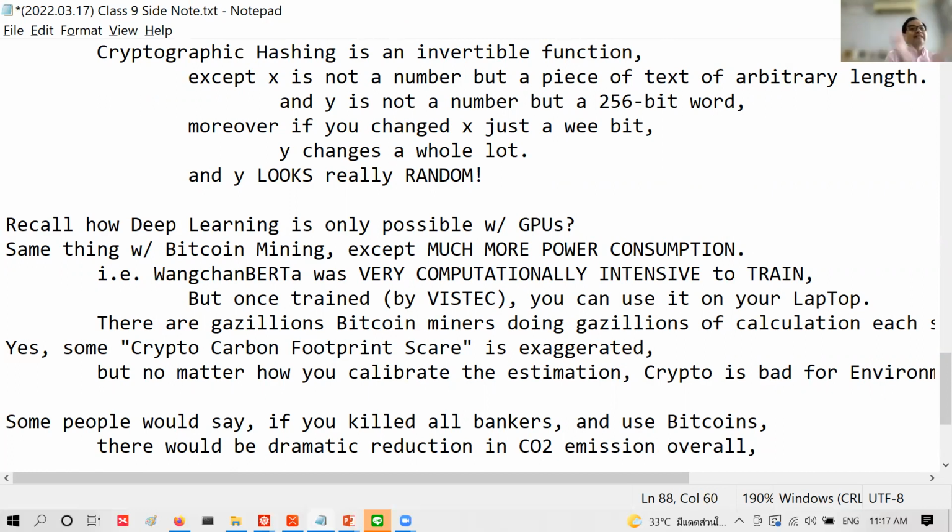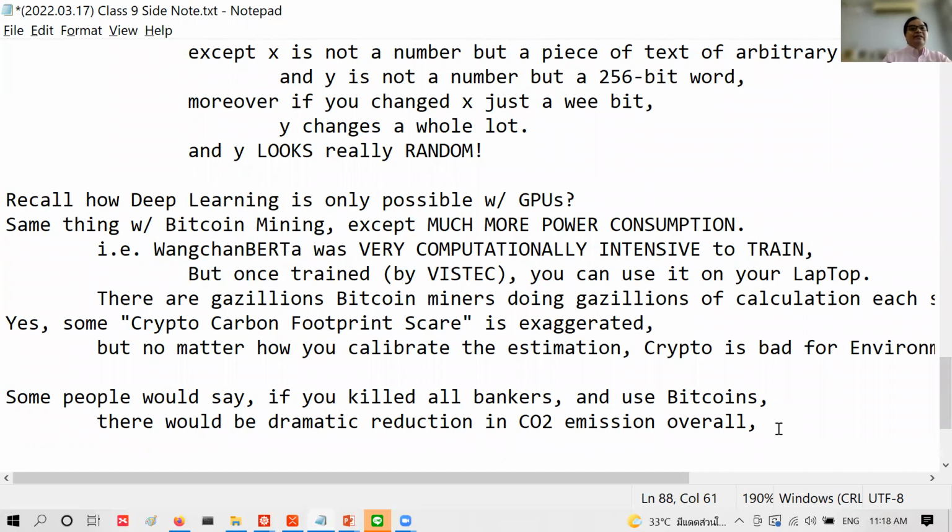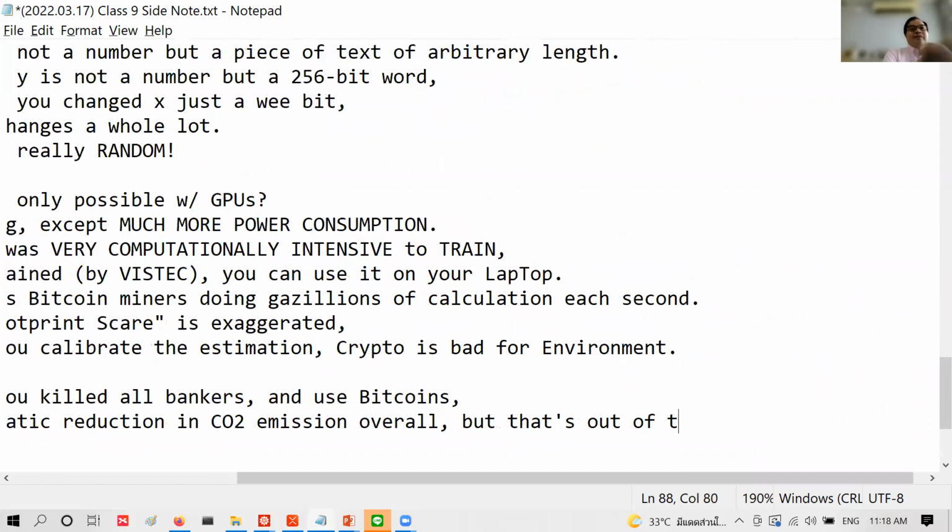Yes, that's definitely true, if you replace dollar, Thai baht, yen, euro, everything with Bitcoin. But that means you kill all the banks, all the bankers, everything. That's out of the question.